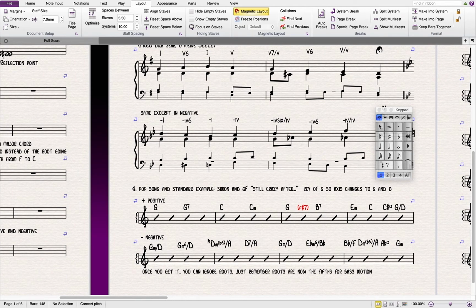You won't have to worry about that until we start dealing with altered notes, which I'll get into in a little bit. But here's the negative version of that. And then here's the tag at the end.